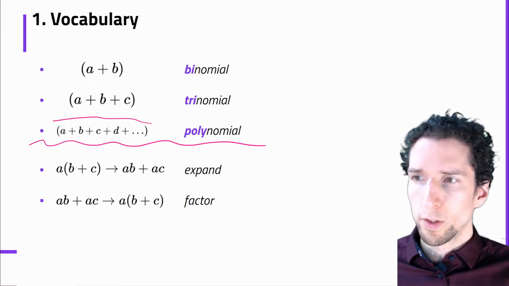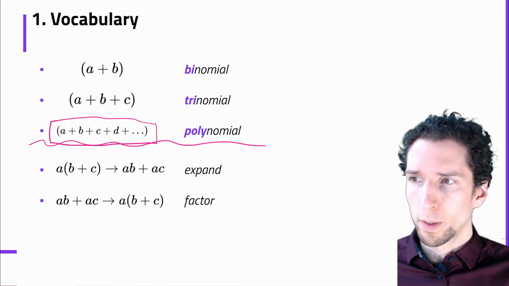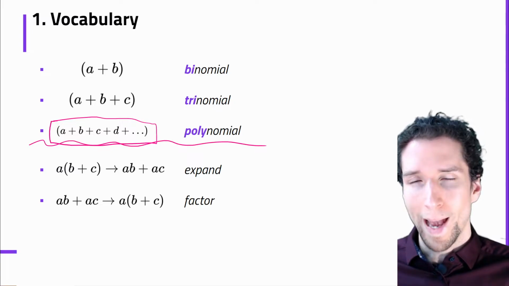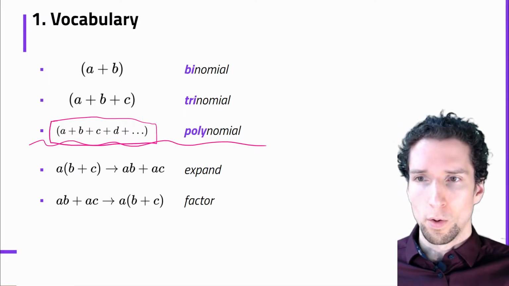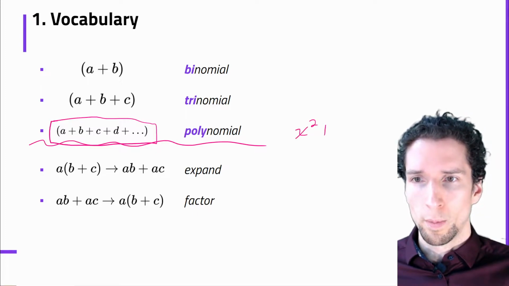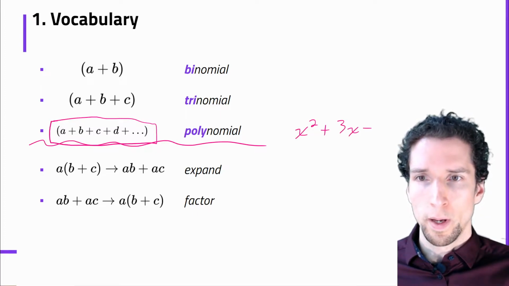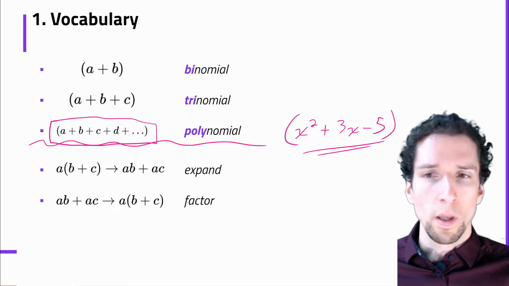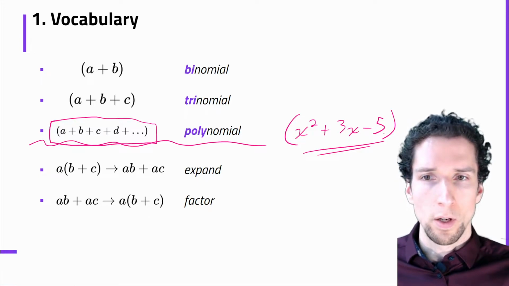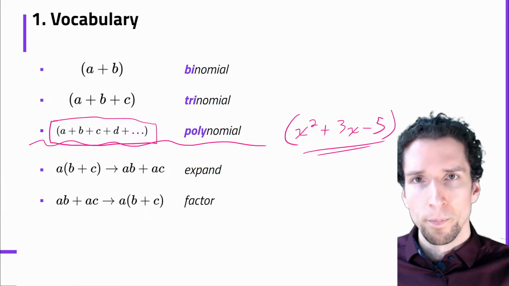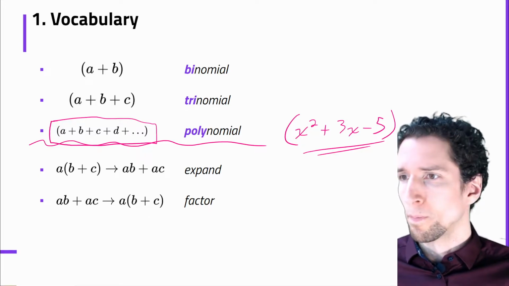So we just have multiple things, multiple terms, usually being added or subtracted, and we can't simplify them. So like x squared plus 3x minus 5. This is a polynomial because I can't add them. The x squared and the x, and then with having no x, the constant here, they are distinct things.